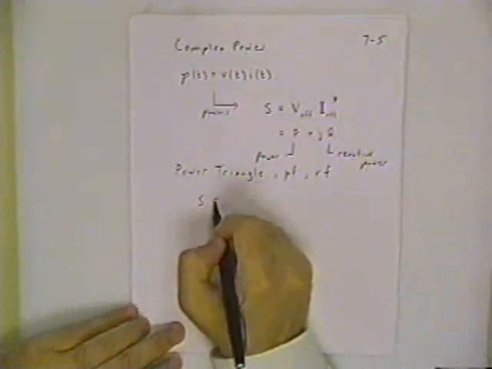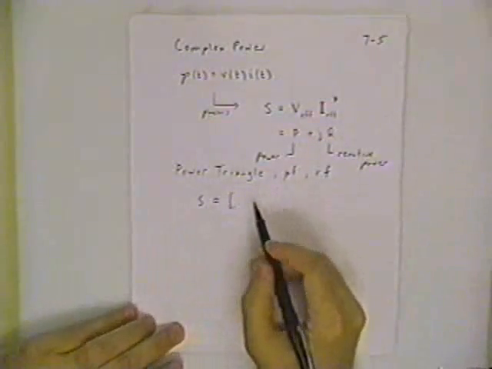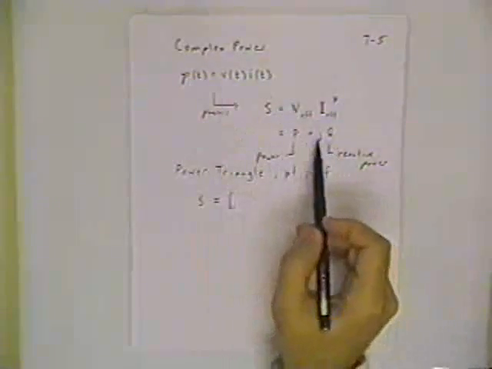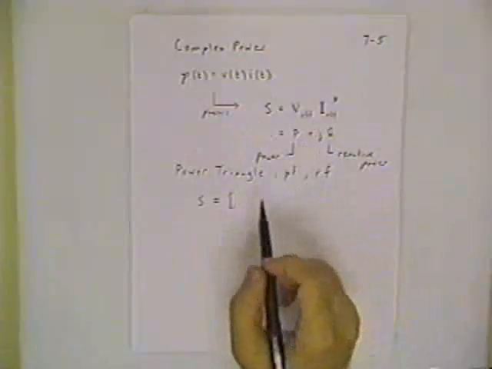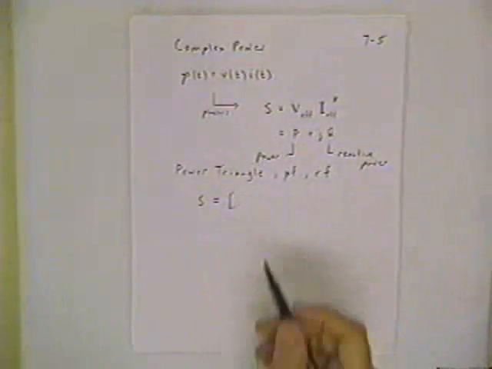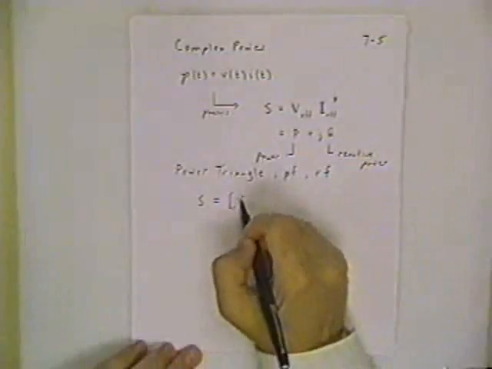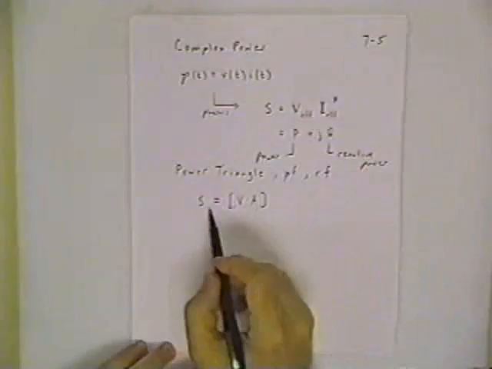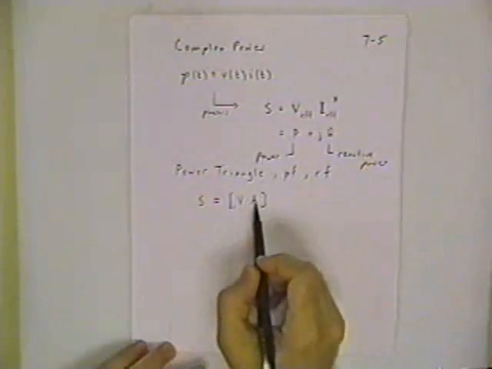Okay, just nomenclature and unit terminology. All of these are power concepts, and so they can all be ultimately related back to the watt. Problem is, we don't want to use the unit watt for everything. It would be a little confusing. So when we're talking about total power, S, that's in volt amps.